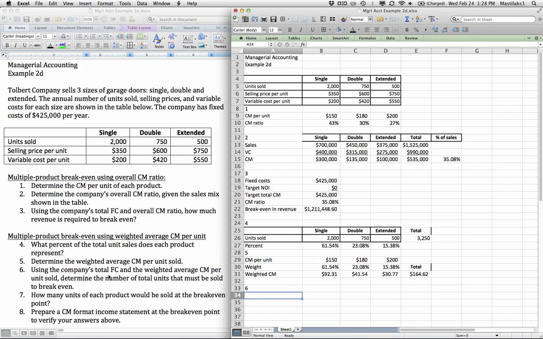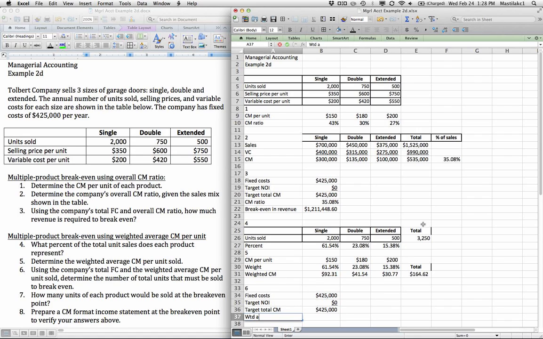Requirement 6, using the company's total fixed cost and weighted average CM per unit, determine the number of total units that must be sold to break even. So we're going to take the same approach we did before. Take our fixed costs, add our target net operating income of 0 because we're trying to break even, and come up with our total targeted contribution margin.